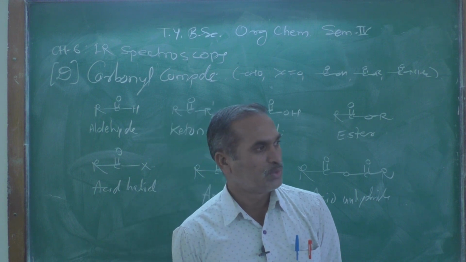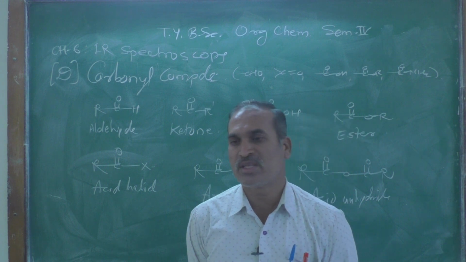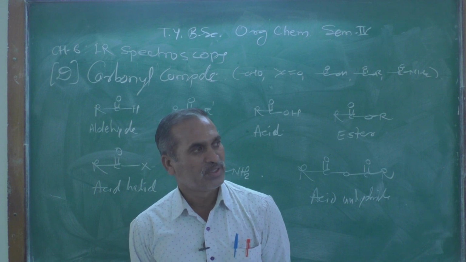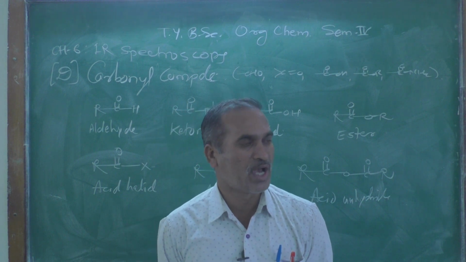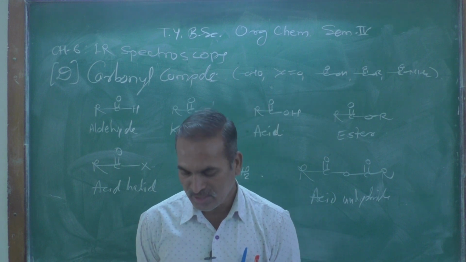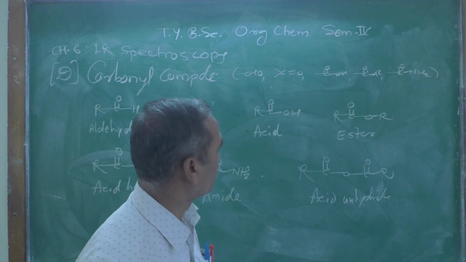The C double bond OH is referred to as the functional group, known as the carboxylic group.